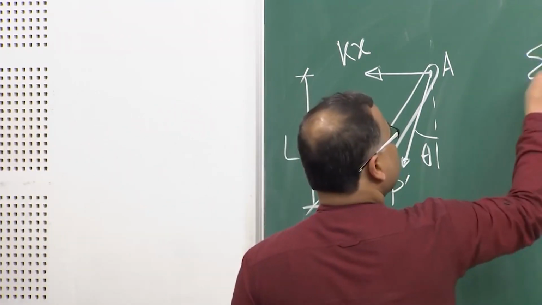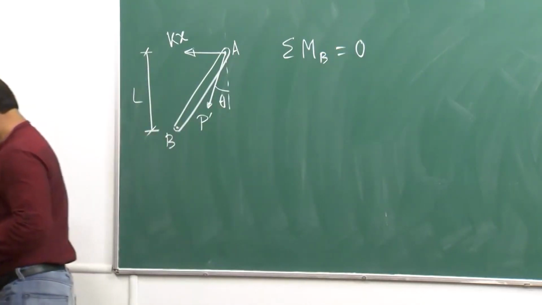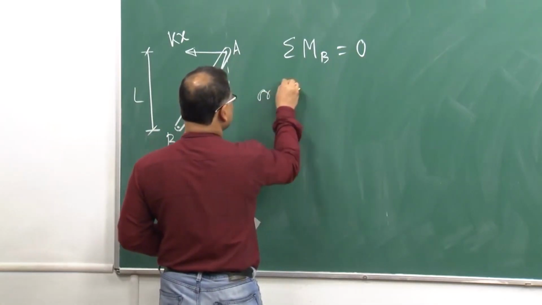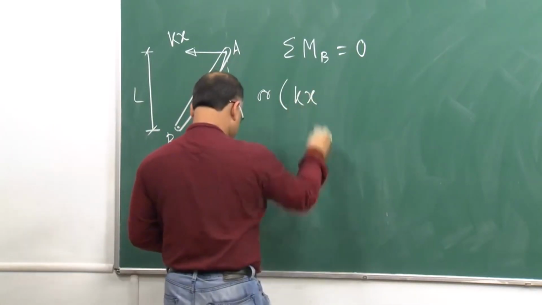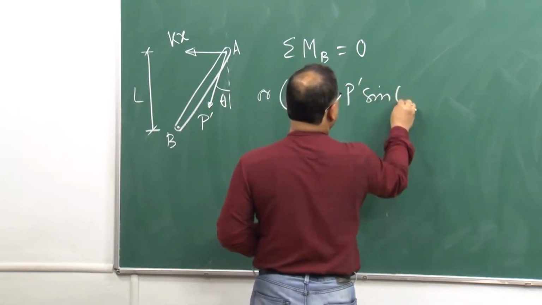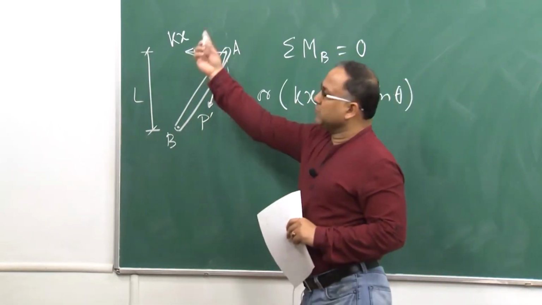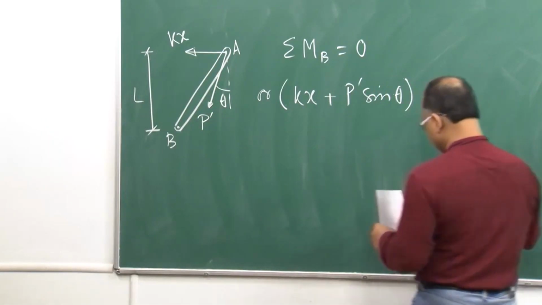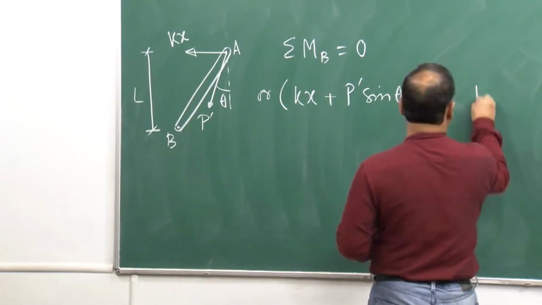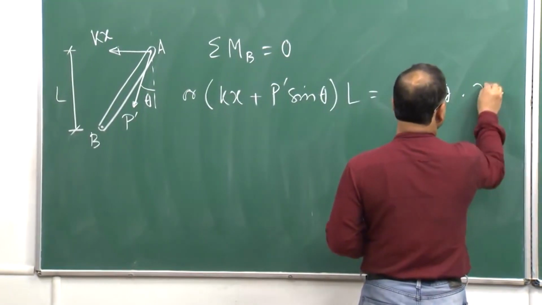So, if you consider the moment equilibrium, then basically we can write Kx plus P prime sin theta, the component of P prime along the horizontal direction, multiplied by L, is equal to P prime cos theta into x.